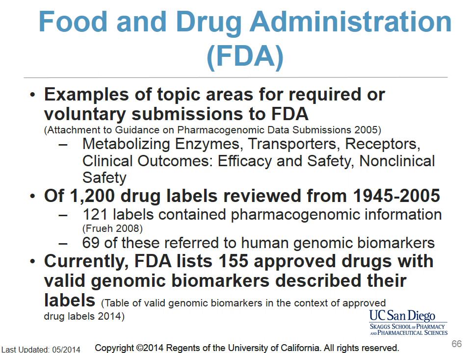Of the 69 human genomic biomarkers on reviewed drug labels, 43 pertain to polymorphisms in cytochrome P450 enzymes, most commonly CYP2D6. Currently, the FDA lists over 100 approved drugs with valid genomic biomarkers described in their labels.